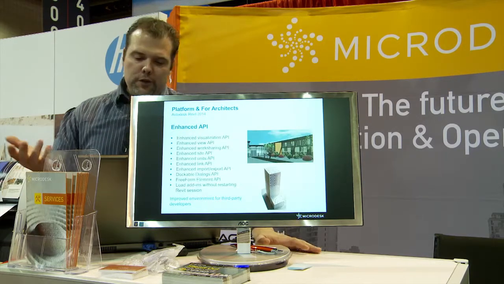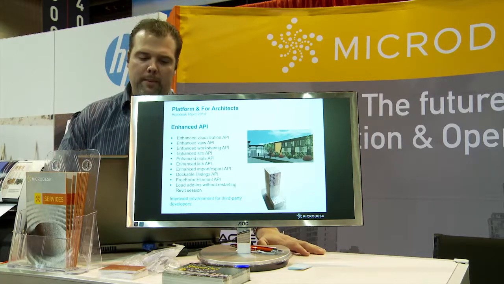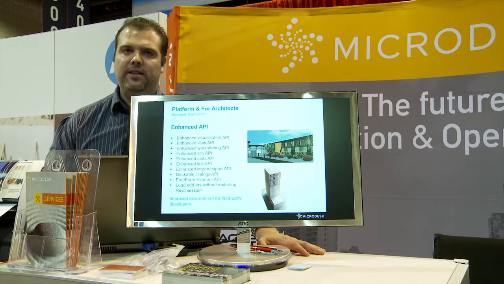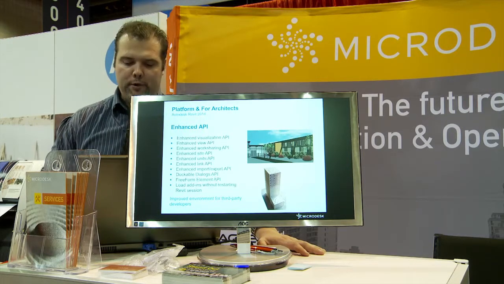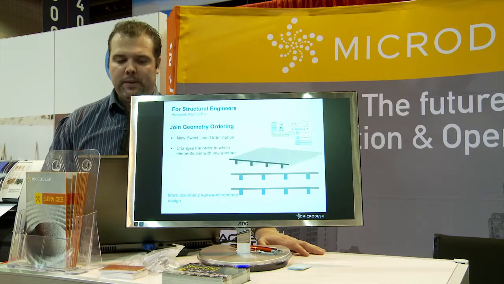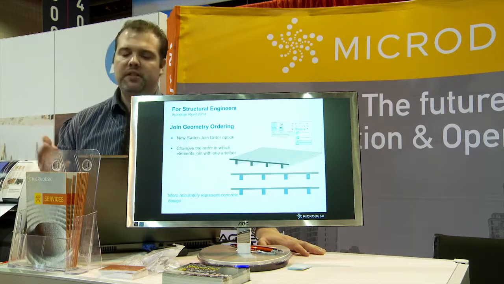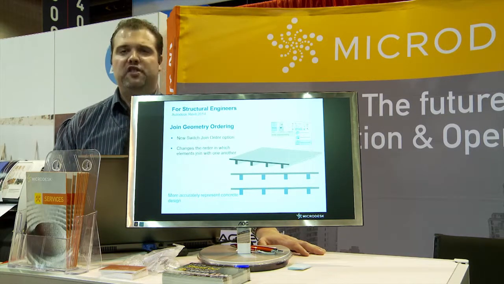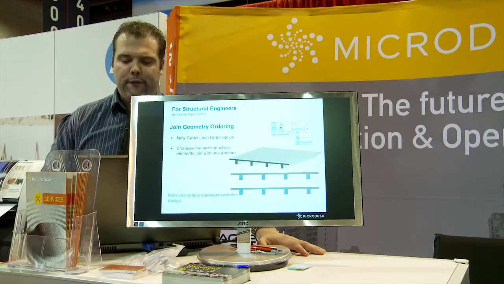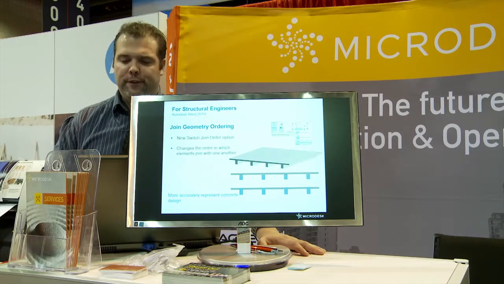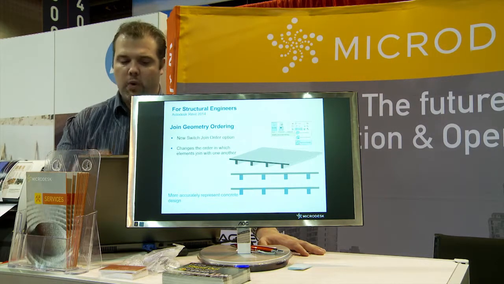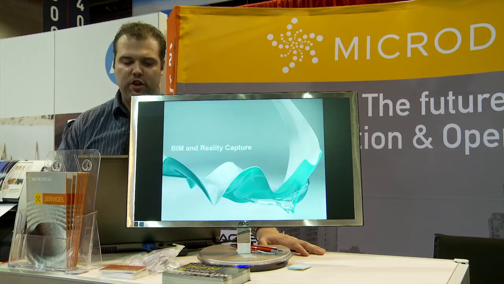And if you have a little bit of knowledge of programming, there's a ton of enhancements in the API, so you can develop your own plugins and add-ons and definitely improve what you can do. And of course, there are additional features that are great in terms of how you modify the geometry. I only wanted to mention a few. I don't want to show every single feature, just the ones that are pretty relevant. And this is one of them, which is changing how you join the geometry.